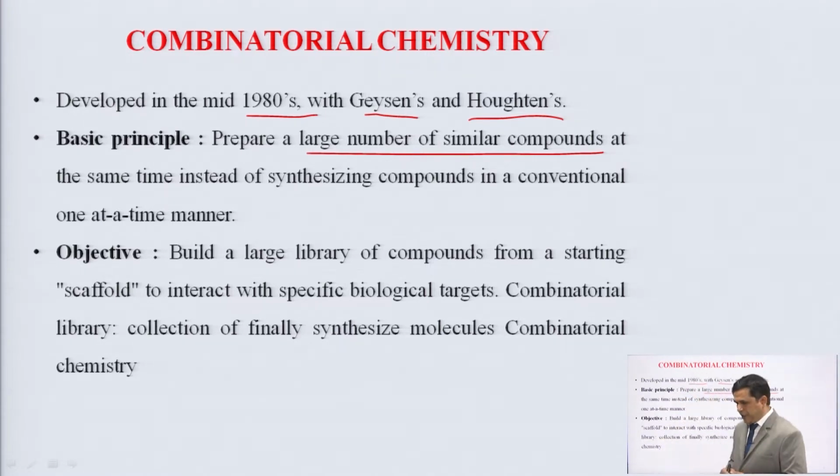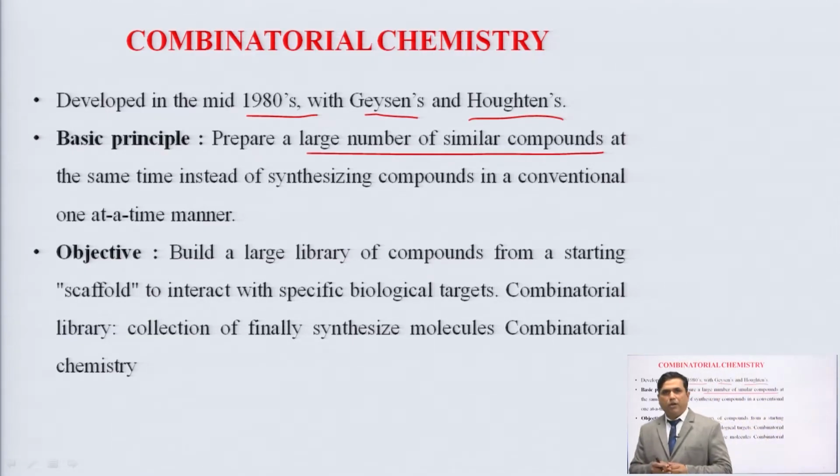So, what is our objective? Our objective is to prepare a library of compounds, so that we can opt for combinatorial chemistry. In combinatorial chemistry, we can build a large library of compounds. Library means the collection of compounds at one place from a starting scaffold.